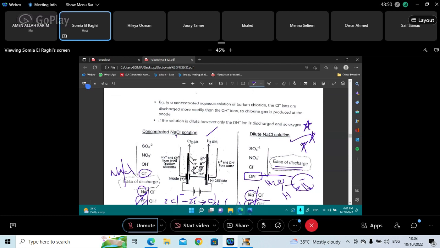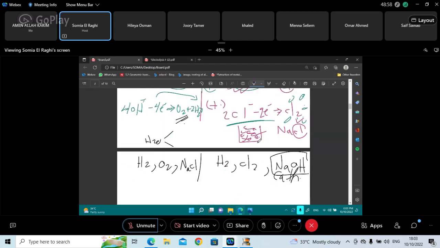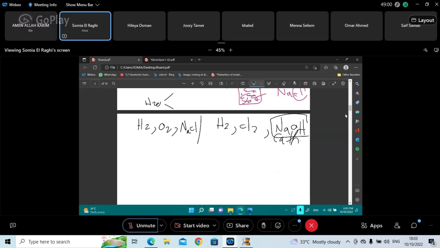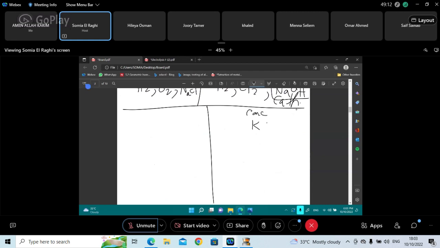Let's do another similar example. I will do another example. What I will do, dilute or concentrate. I need somebody to help me. If I'm talking about concentrated potassium bromide, what's the meaning of concentrate?